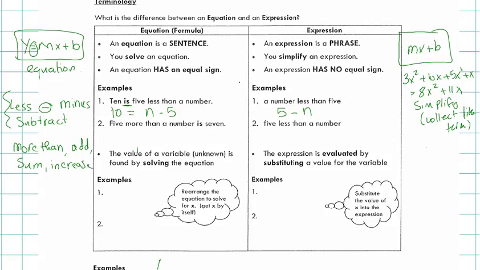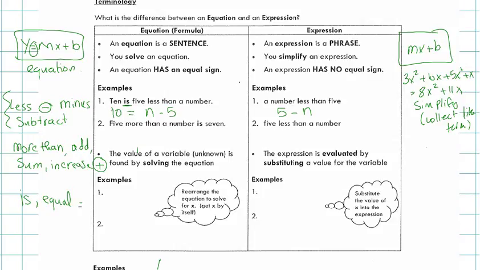Okay, you're adding. Okay, it depends on what you have in the sentence. Is, or the word equal, it means you put an equal sign. Okay, is or equal, you put an equal sign.